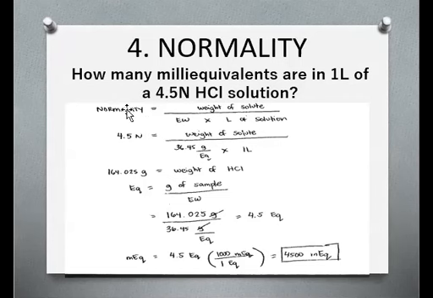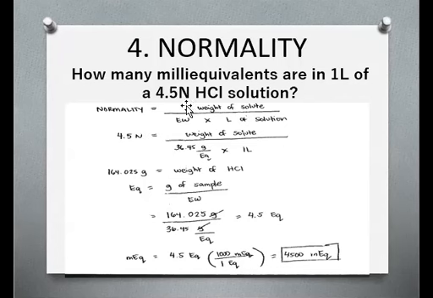So 4.5 normal, ilalagay ko dyan. And then, equivalent weight ng HCl. Paano malalaman ang equivalent weight ng HCl? Cl, di ba, is 35.45 grams. Hydrogen is 1 gram. So you add the 2 and you get 36.45 grams. And then what is the valence for that one? For HCl, it's only 1.